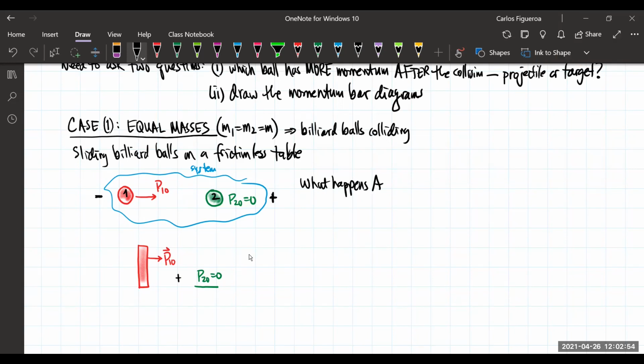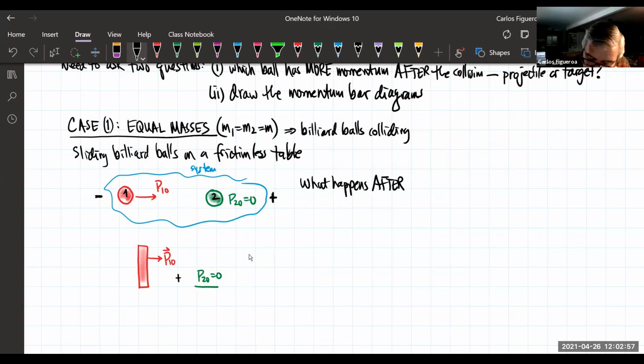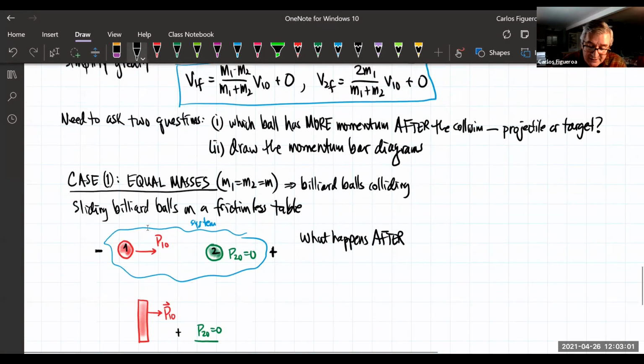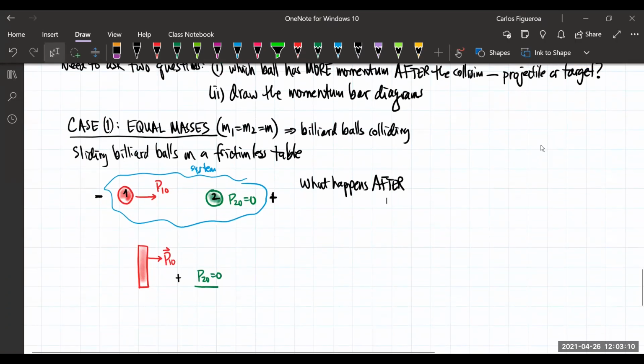All energy transfers. But the question I'm asking is, which ball has more momentum after the collision? Is it the projectile or the target? All energy transfers to the target, and I would agree with you.